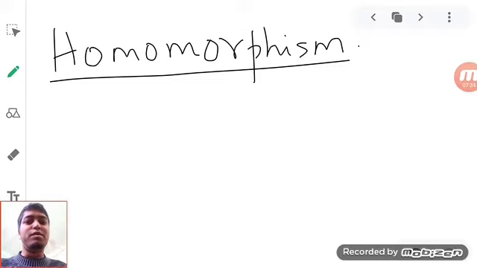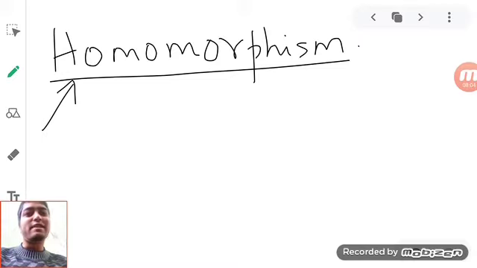So what is a homomorphism? This is one of the very important concepts in group theory. We have studied groups, we have learned to construct another group, the quotient group, but we also need to study the relation between two groups or between three groups or whatever, and for that we need homomorphisms. If you have to study the relation between two sets, one of the things you use are functions.